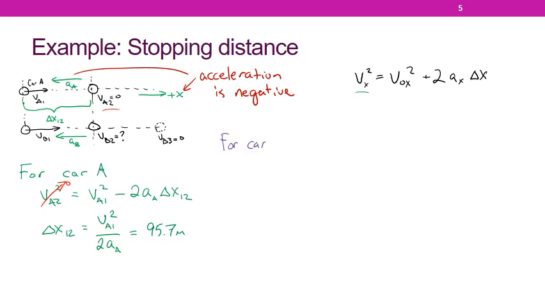For car B, I notice that I have the same values. I have an initial value and a final value. And so again, I'm going to use this same equation, plugging in my variables. So I get VB, and this time, my final velocity is at position 3.